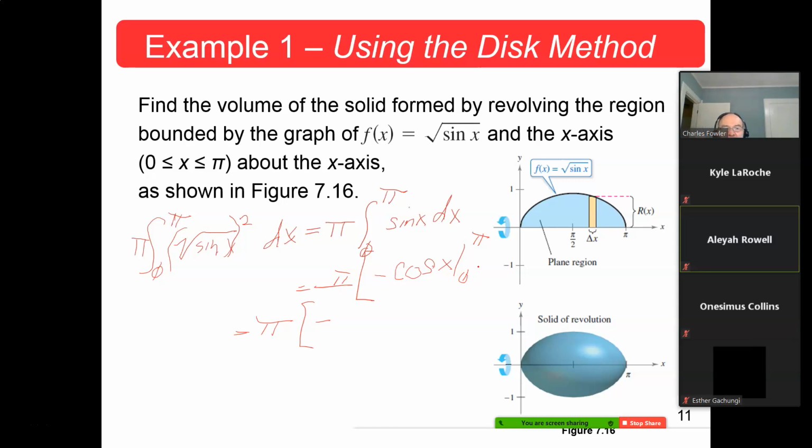Remember, cosine starts at 1 at 0, goes down to 0 at pi halves, and then goes down how far at pi? You don't like my finger drawing, huh? Goes to -1. The cosine of pi is -1.